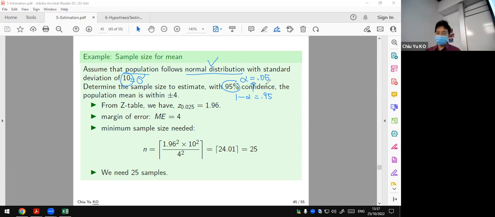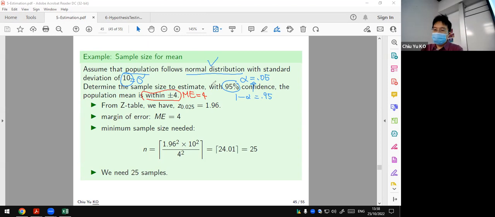Is that clear for this one? Now we have the population mean within 4, so that means the margin of error is 4. The question is, I want to estimate something. I know the population standard deviation sigma is 10.